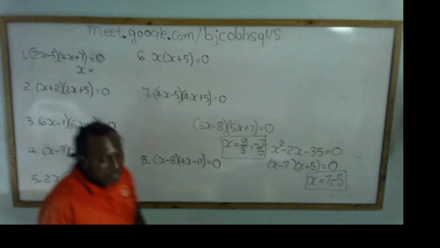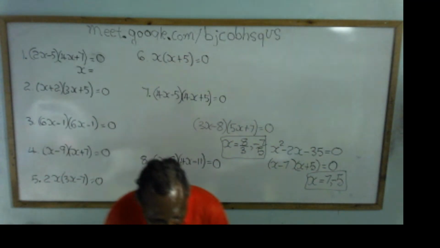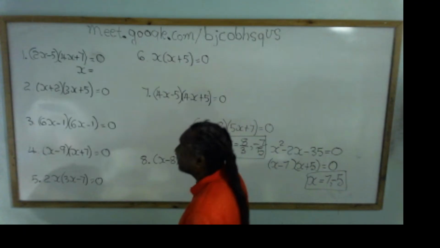So negative 7 over 4 is 1, and I didn't see the other one.